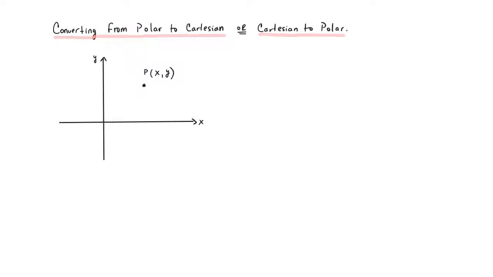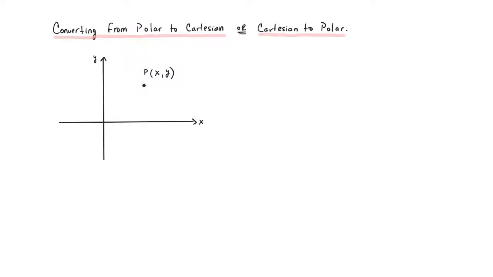Now we need to know how to convert back and forth from polar to Cartesian, Cartesian to polar. And this is going to be the merge of the two planes, the Cartesian plane with the polar plane. So here you notice that I have drawn the typical comfortable Cartesian plane.